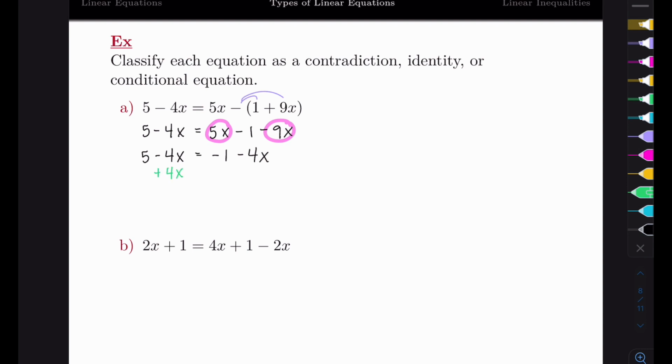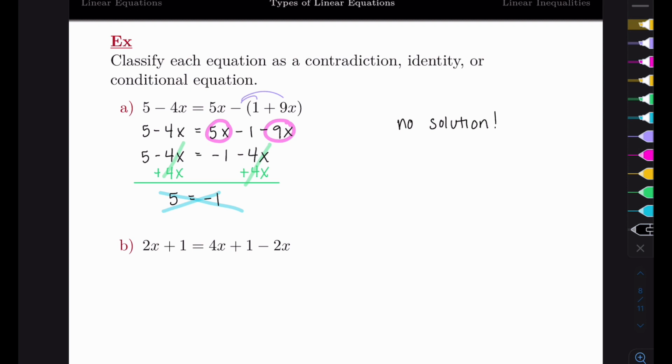I'm going to go ahead and get x by itself. So I'm going to add 4x to both sides. But in doing so, these cancel and these cancel, and it leaves you with 5 on the left, negative 1 on the right. And now I can see, okay, this is something that's completely impossible. There is no solution to this equation.